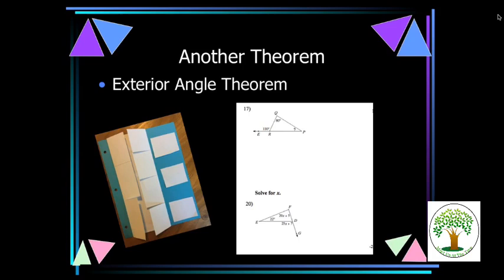So that angle, 110, equals what plus what? What number is this again? This is number 17. Oh, so the 110 is the exterior, and it equals the remote interior, the faraway interior.